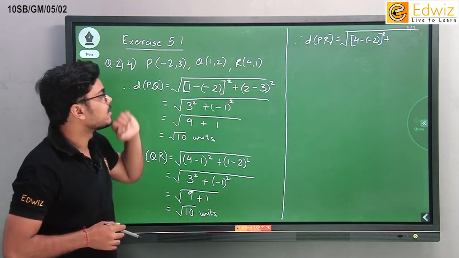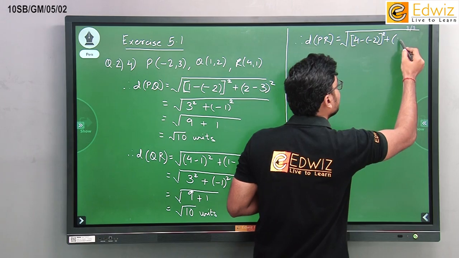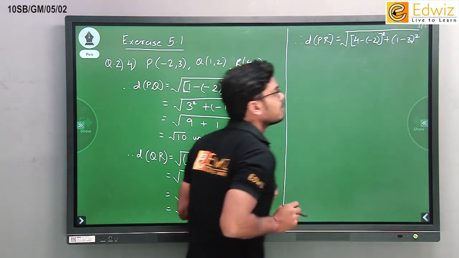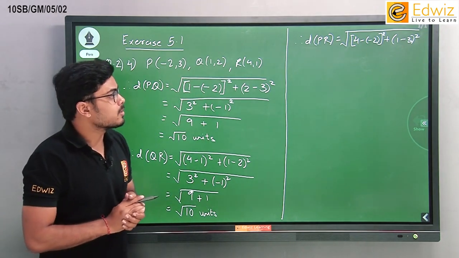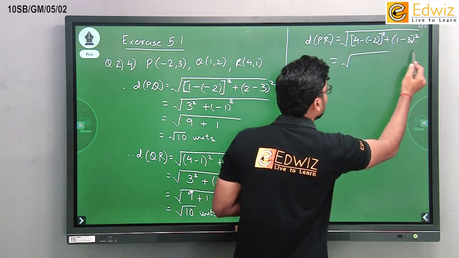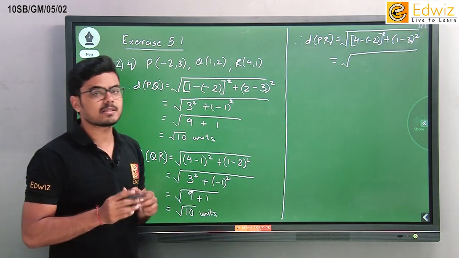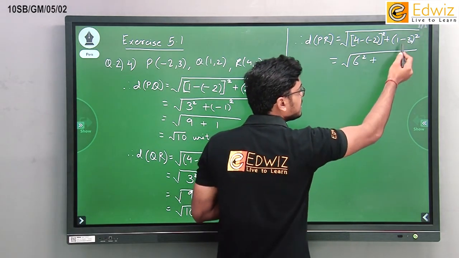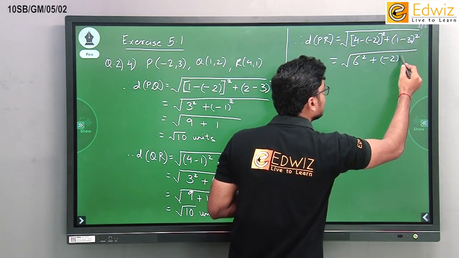So 1 minus 3, the whole square. So if we calculate this, we'll get square root of 4 minus minus 2 is 4 plus 2, that is 6 square, plus this is minus 2 square.